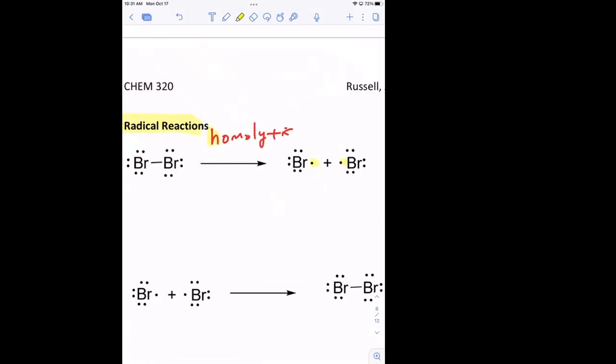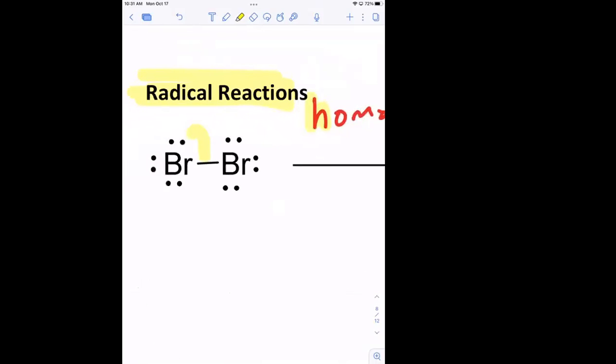Remember, if one atom takes all the electrons, that's heterolytic. But in this case, each atom got one electron. So how would I depict that using curved arrows? One arrow. The fish hooks. We use the fish hooks, so one arrow going here and one going here.